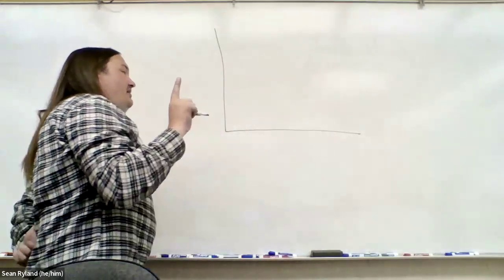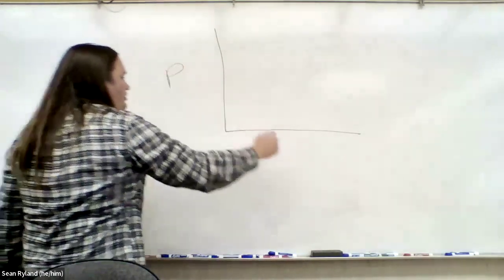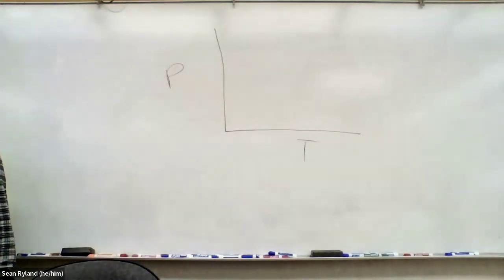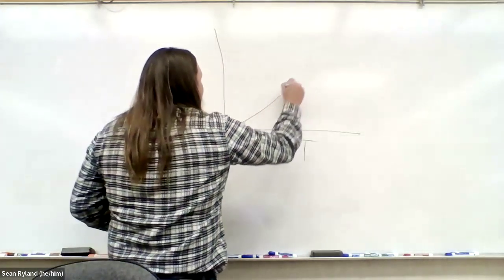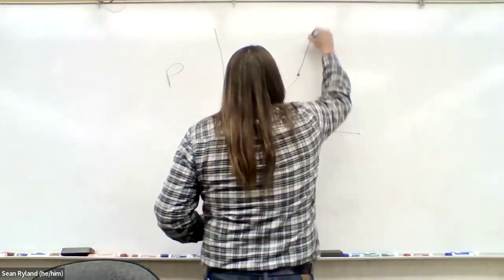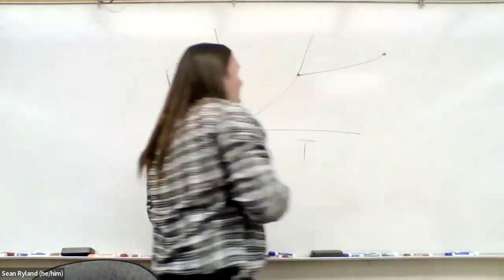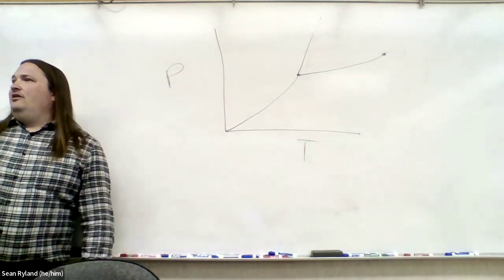Now, I always have to think about this graph. Pressure goes there and temperature goes there. Every substance has its own pressure-temperature graph, or phase diagram, where we break it up into these different sections, and every section is a different phase.